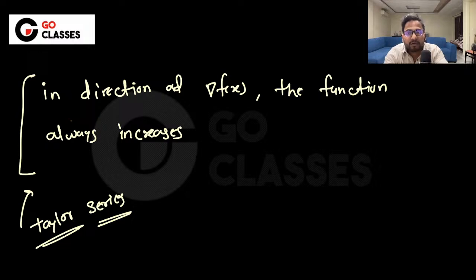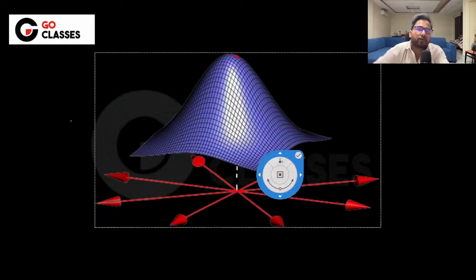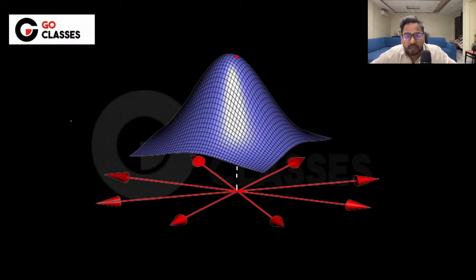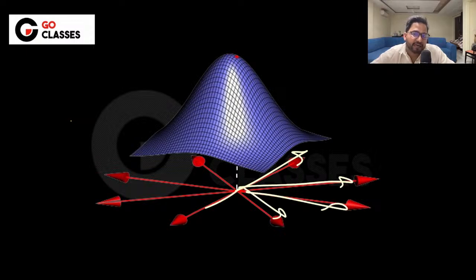Let me tell you what this means. See, suppose you have this function, and you are at this point or at any point. At any point there are many directions possible, if this is a multivariate function. Is this okay to everyone?